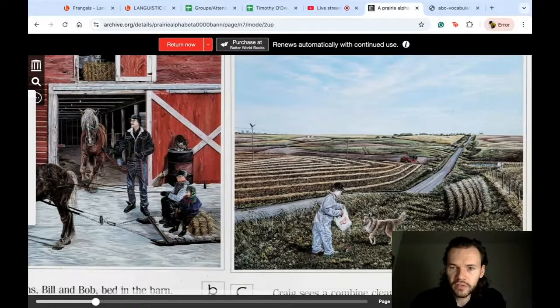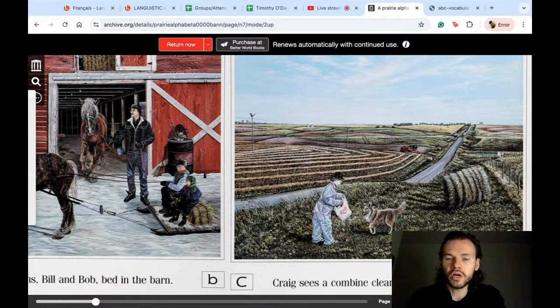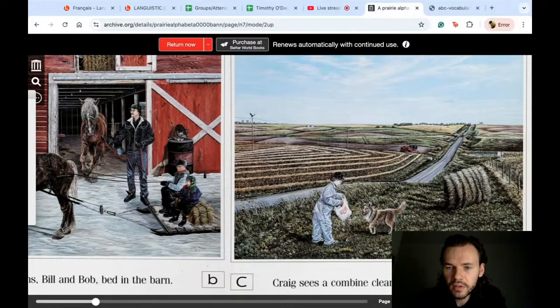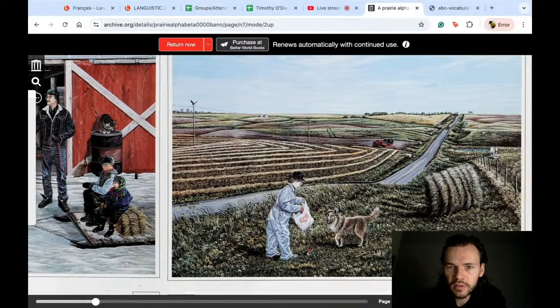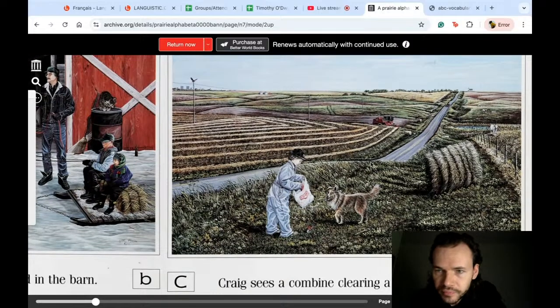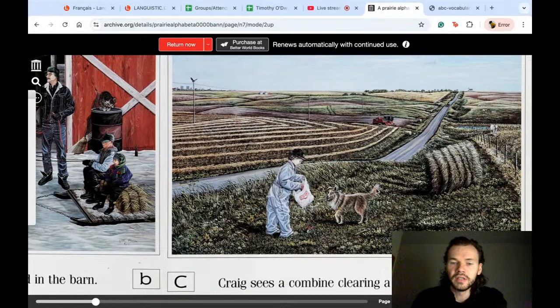So Craig sees a combine, right? A combine is this machine right here. Let's see if it's bigger. There we go. This is a combine. It's clearing a crop of canola.